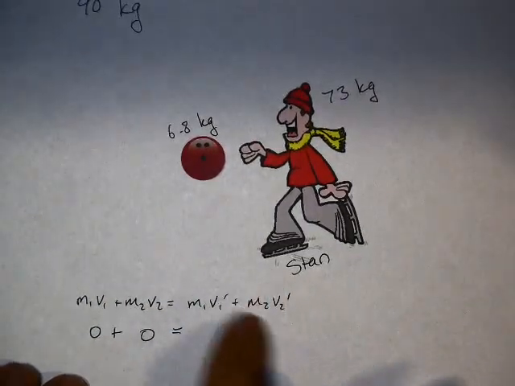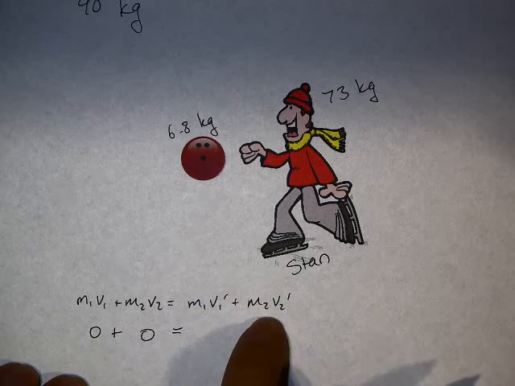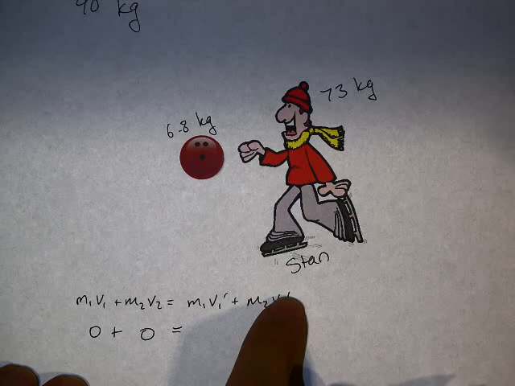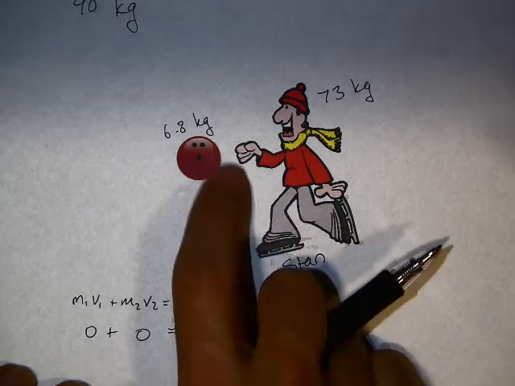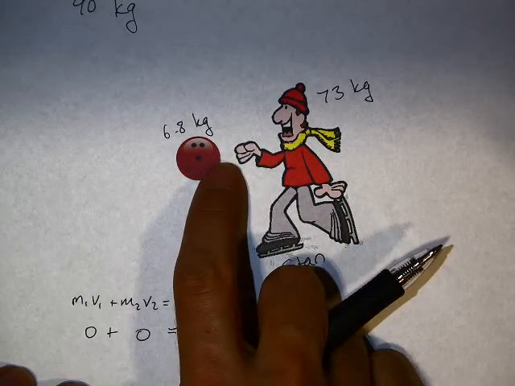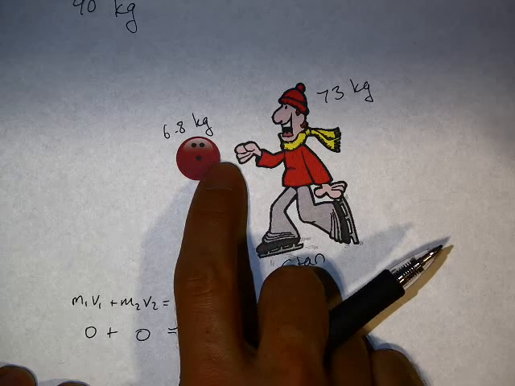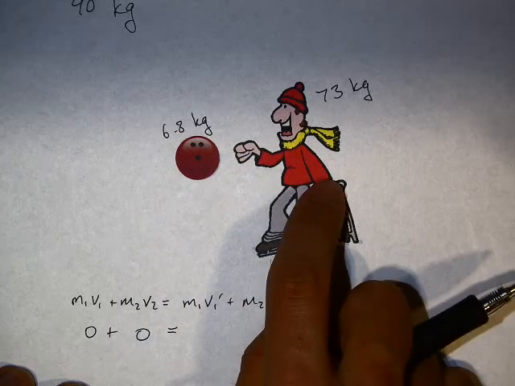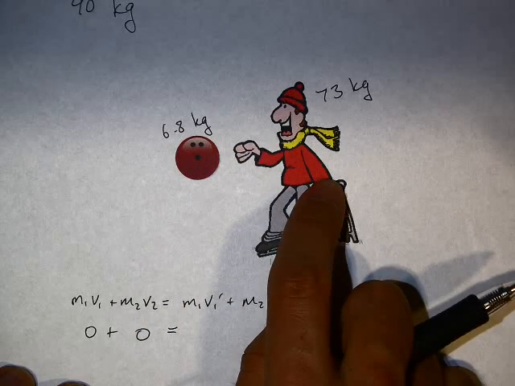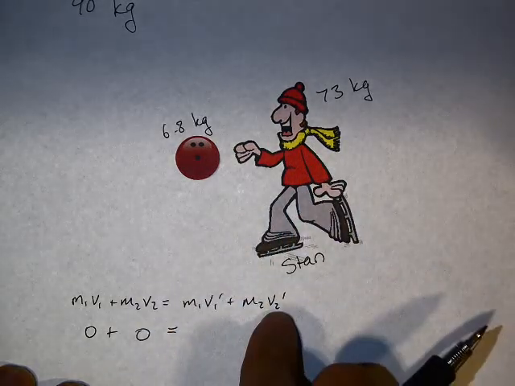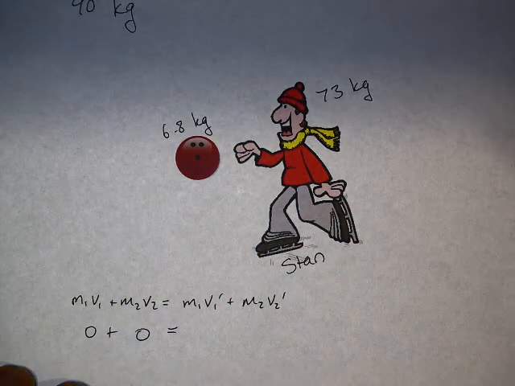So look, this side has to equal 0. So one of these terms has to be negative. So the bowling ball gets thrown leftward. It's going to have a negative velocity and a negative momentum. Stan must recoil rightward and have a positive momentum in order for the total momentum to cancel and still be 0.